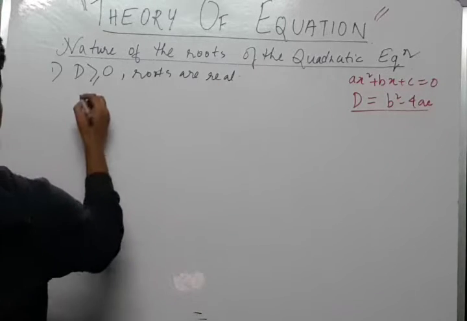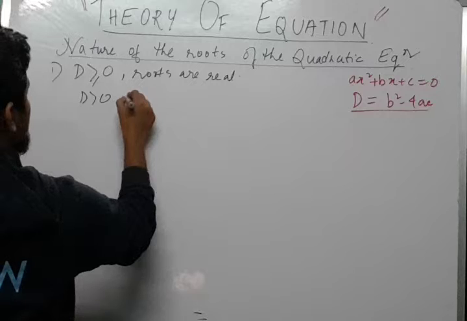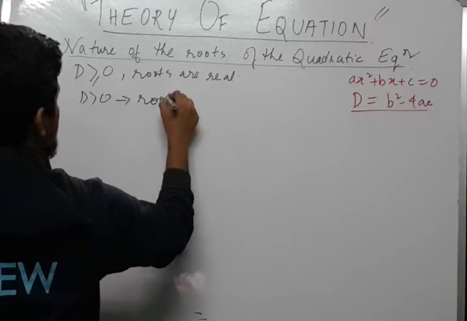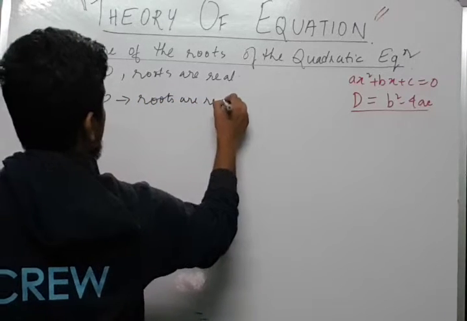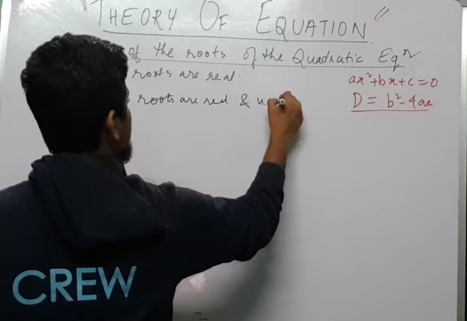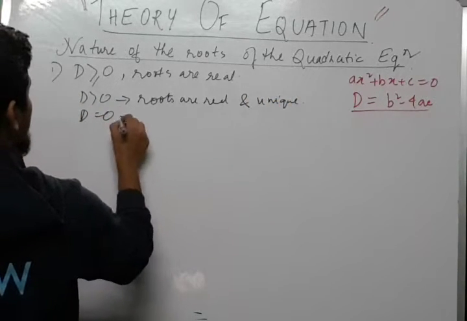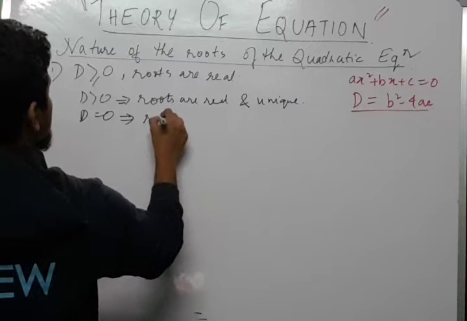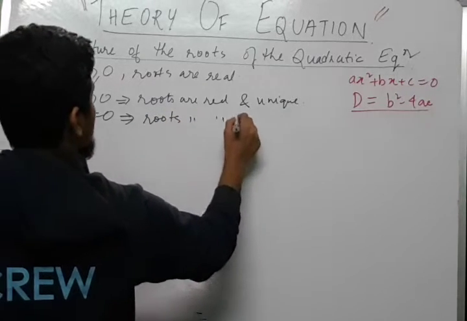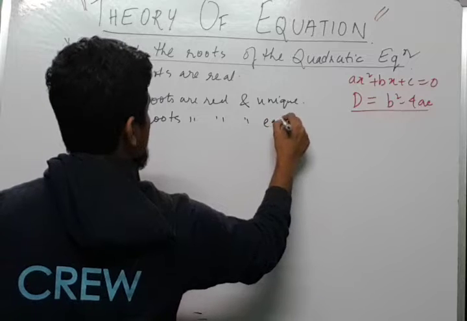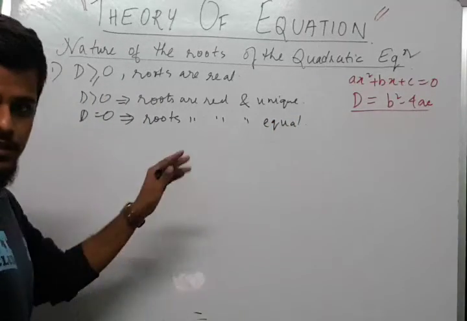But if D is greater than 0, then the roots are real and unique, and if D is equal to 0, that implies that roots are real and equal. So this is the thing.